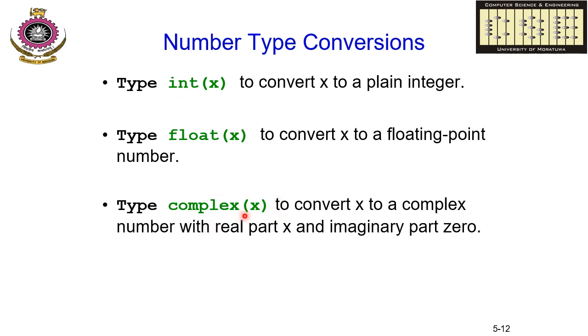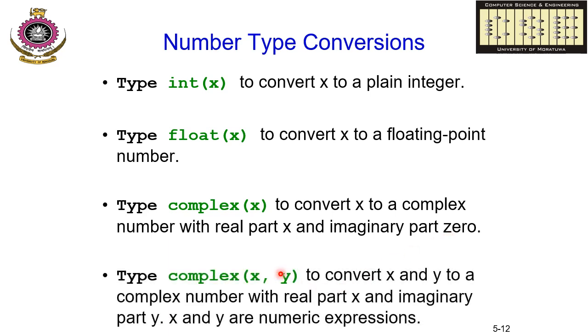So the complex conversion is also possible. Using the complex function, you can convert x to a complex number with real part x and imaginary part 0. But if you want to really represent complex numbers, you need to have an imaginary part as well. But type conversions are possible.